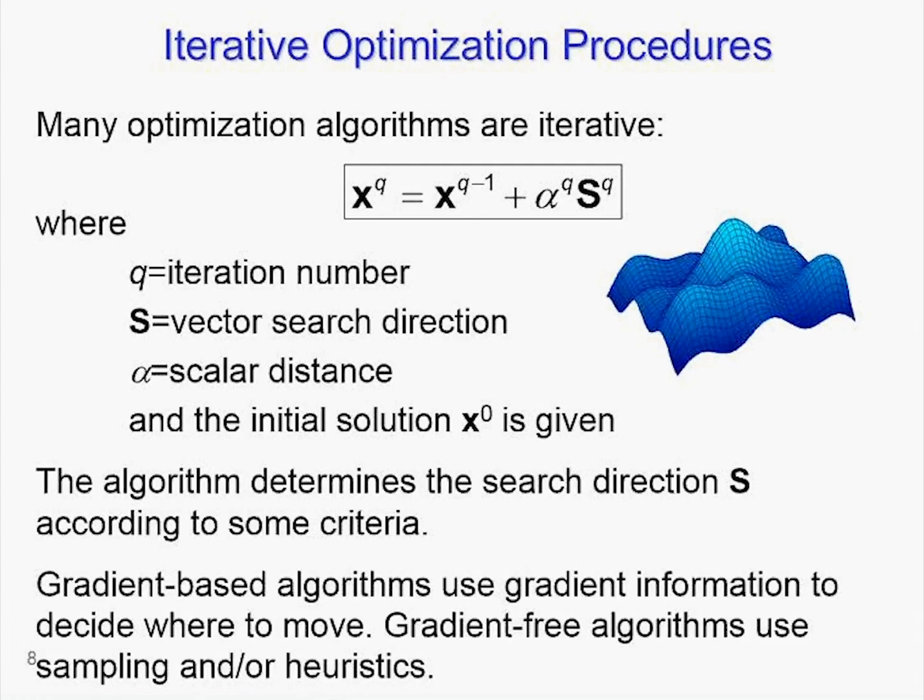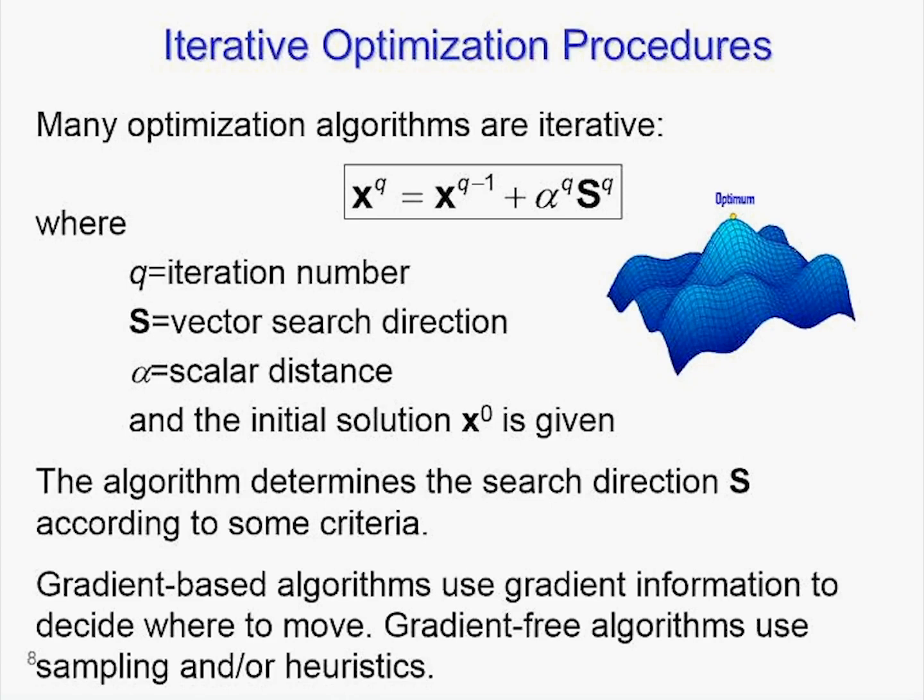The way I move is that, first of all, I pick a direction to move in. So s q is my search direction. I look around and pick a direction. Maybe you have some intuition that if I'm trying to minimize something, I should pick a downhill direction. If I'm looking for the bottom of a valley, I might want to walk downhill.